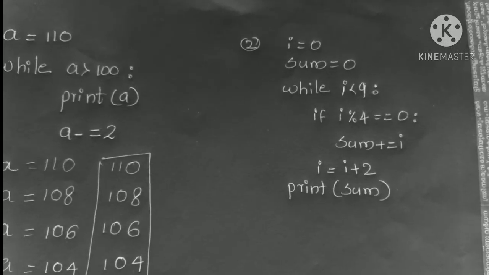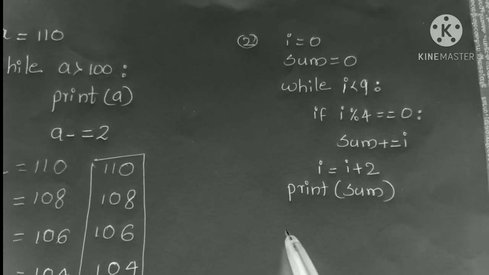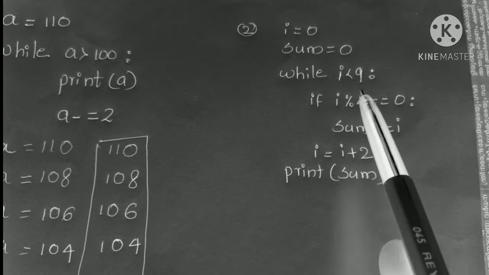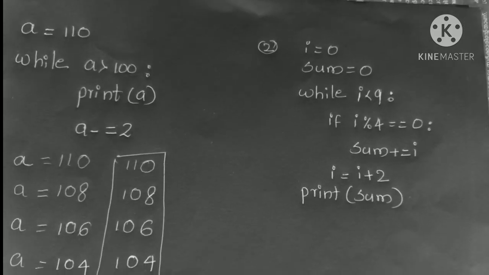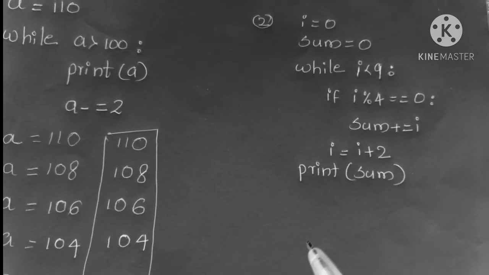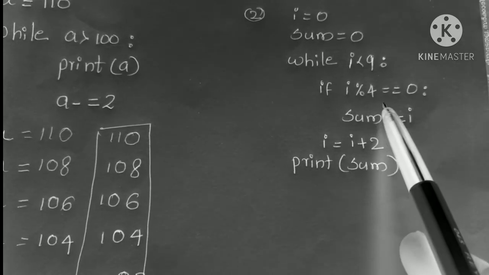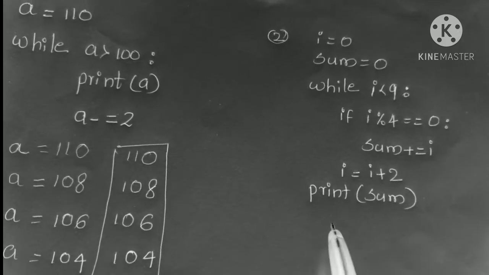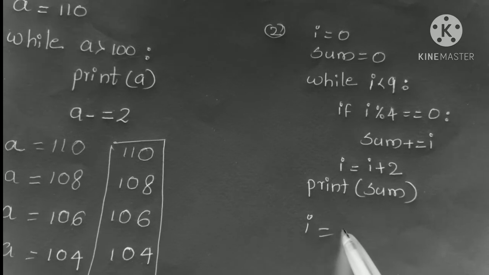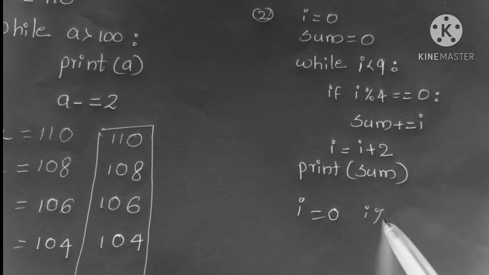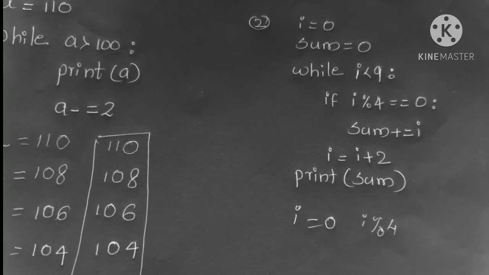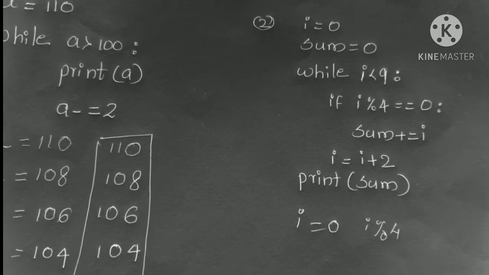First, the I less than 9 condition is satisfied. So I mod 4 equivalent to 0? Initially the value of I is equal to 0. Then I mod 4 is not equal to 0.